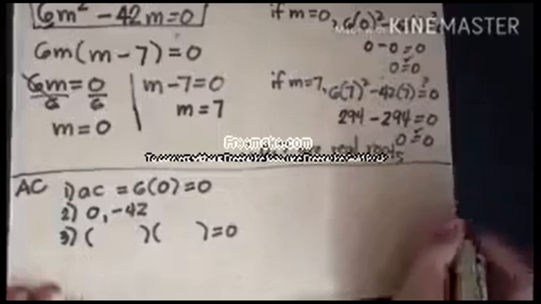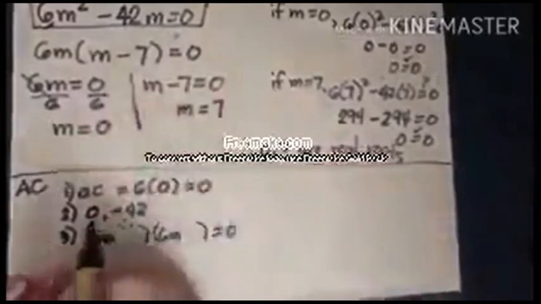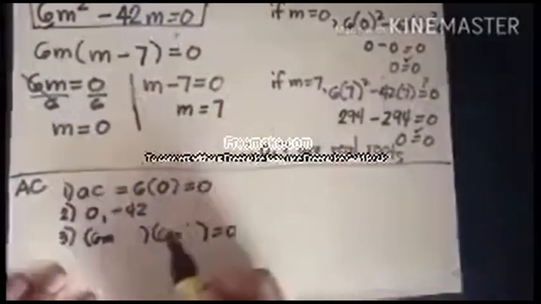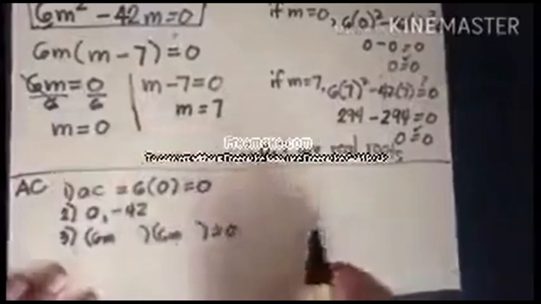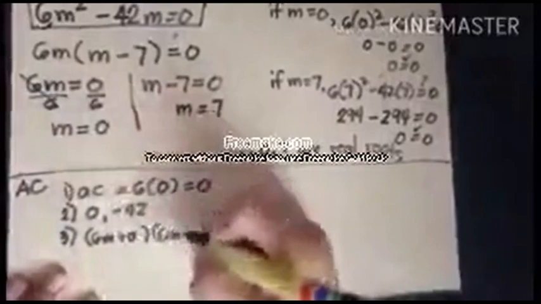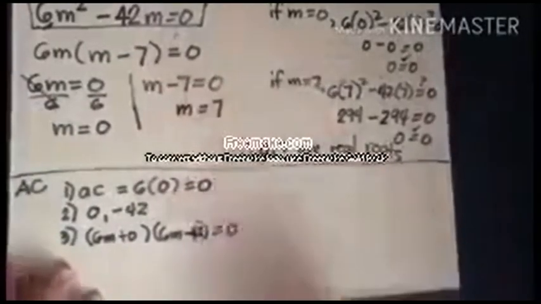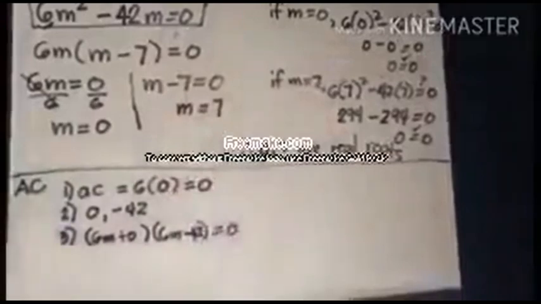So, it will serve as the first term of our binomial factors. So, we have 6m. While the two factors of A and C will become the constant term. So, we have 6m plus 0, 6m minus 42. Okay, next step.